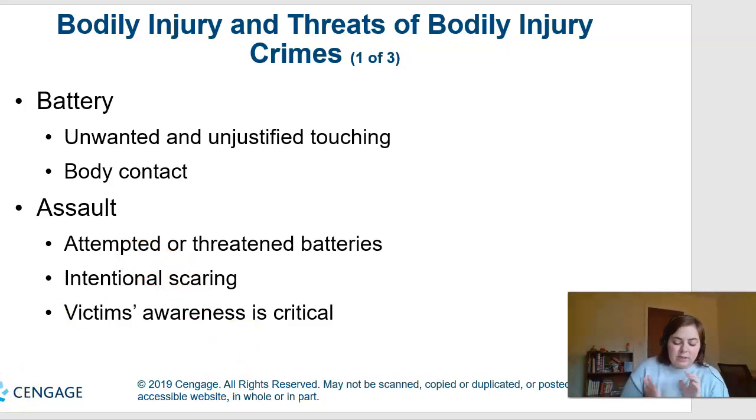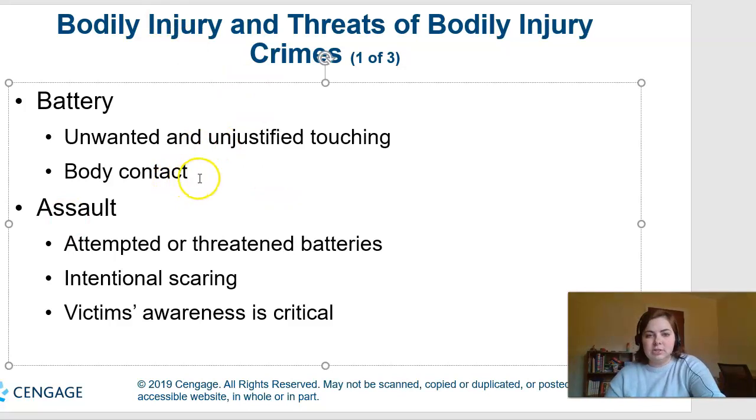Now, as far as how we punish an assault, remember up here, battery is largely a misdemeanor unless we have a serious bodily injury. For an assault, under modern statutes, we have multiple degrees of assault.